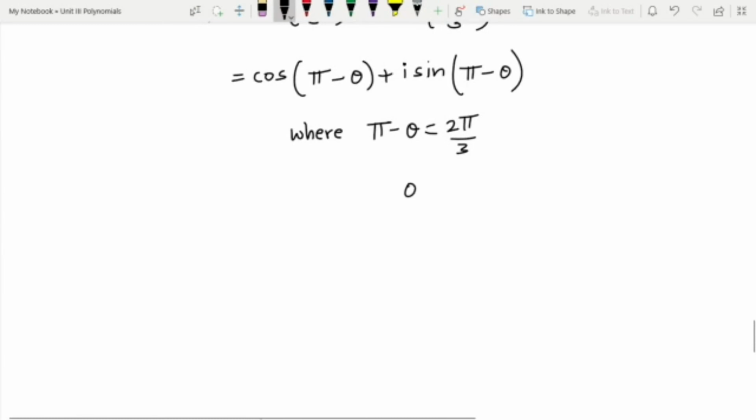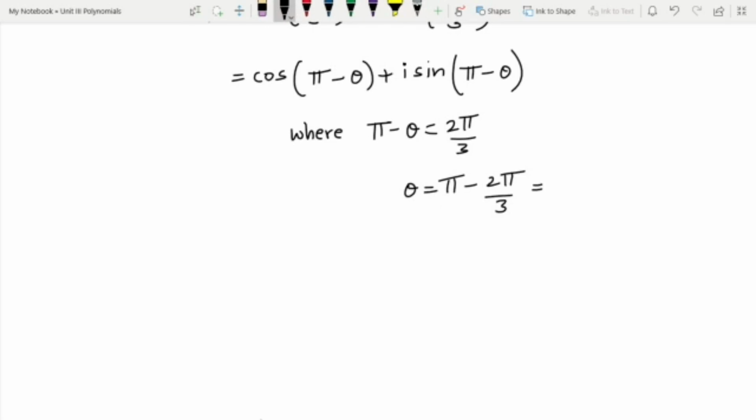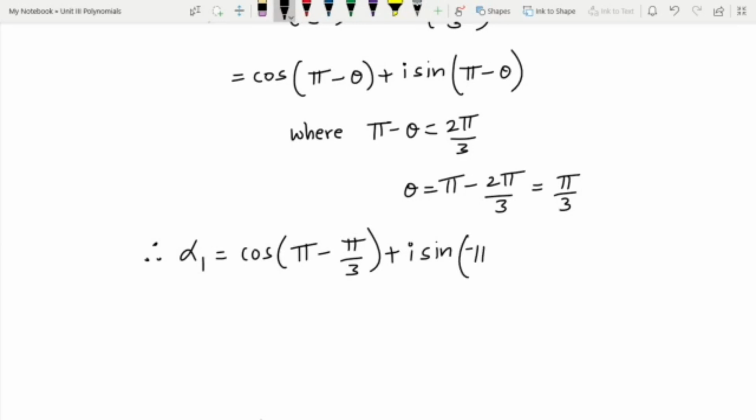So theta will be equal to pi minus 2 pi by 3, and it will be 3 pi minus 2 pi, that is pi upon 3. So therefore your alpha 1 will be cos of pi minus pi by 3 plus i sine pi minus pi by 3, right?